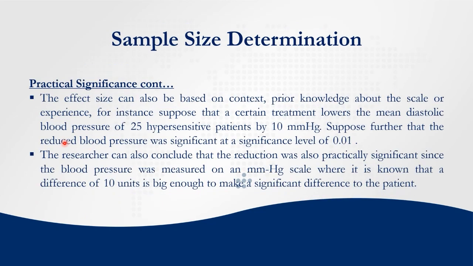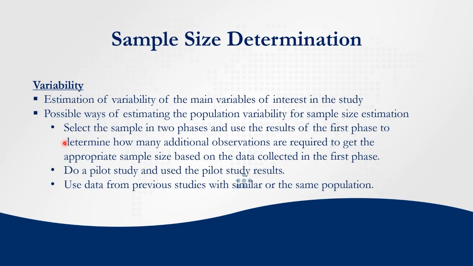I've used this one also. It's about context: contextually, how many units of blood pressure reduction do you need to say that the effect is practically significant or clinically significant. And then the other element is variability.